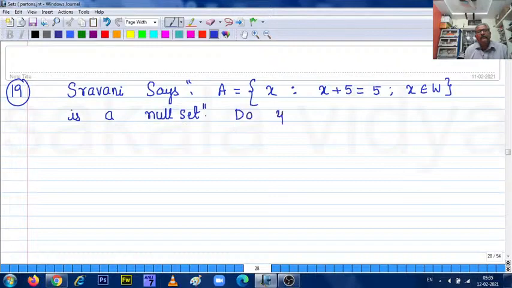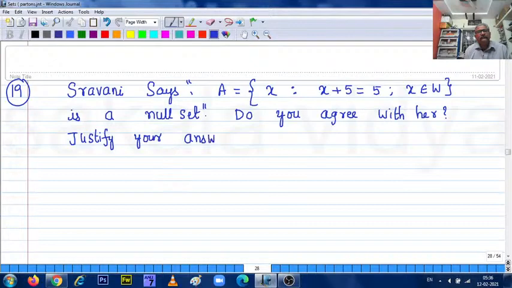Do you agree with her? Justify your answer. You need to justify with Shravani if it is correct. Otherwise, you can say yes or no, you need to say.